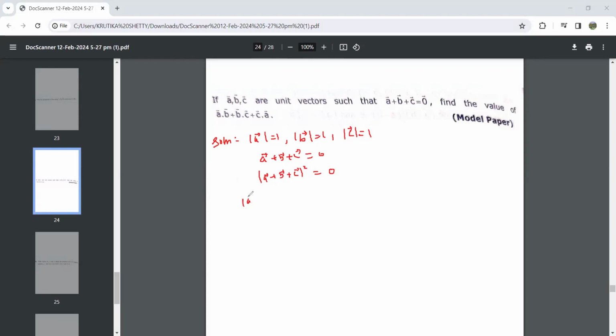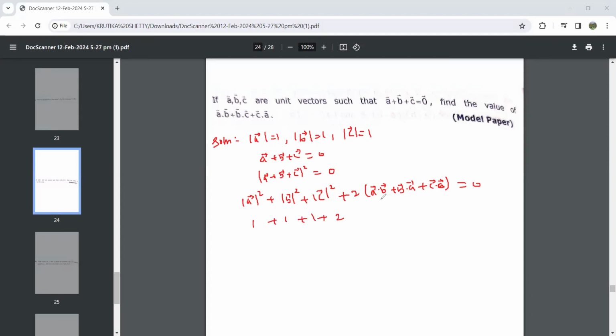This will be equal to mod of vector A square plus mod of vector B square plus mod of vector C square plus 2 into A dot B plus B dot C plus C dot A. This is just the expansion of A plus B plus C whole square, and this is equal to 0. Now mod A is equal to 1, so square of mod A will also be equal to 1. So this will be 1, 1, and again 1, and then 2 times.